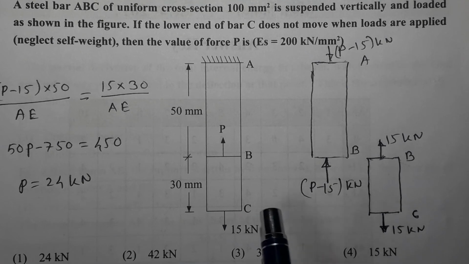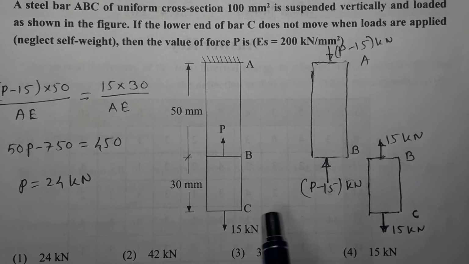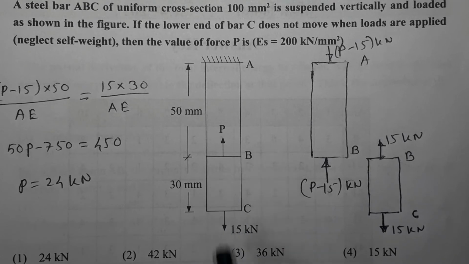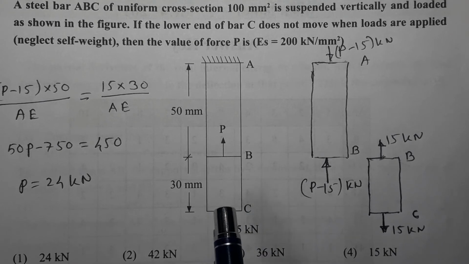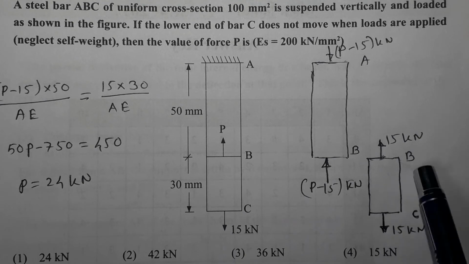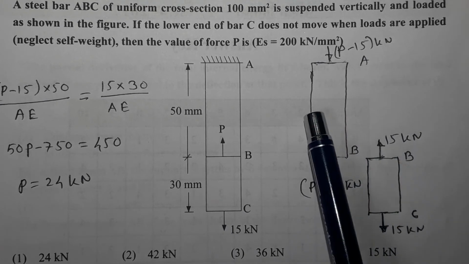Now it is said that the lower point C does not move either vertically upward or downward, it remains at the same position. As it remains at the same position, it simply means that whatever is the elongation of BC must be equal to the contraction of AB.